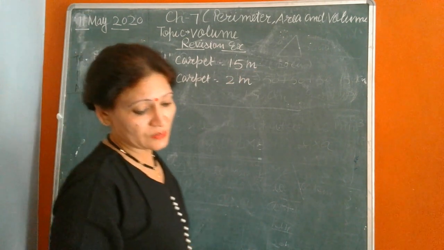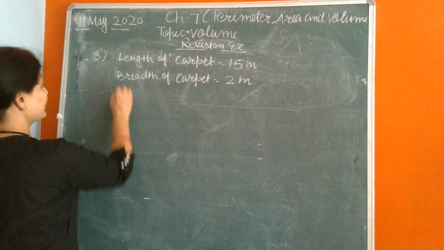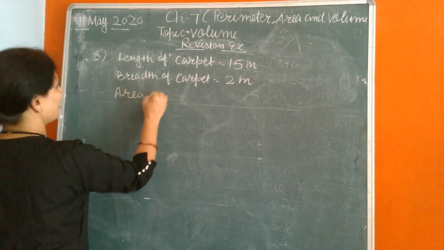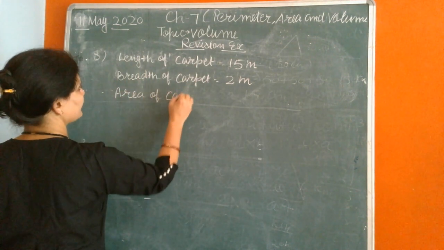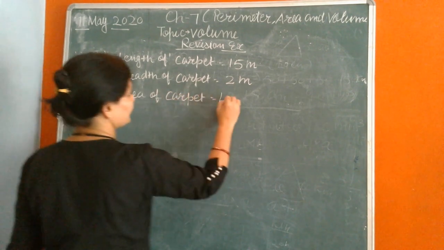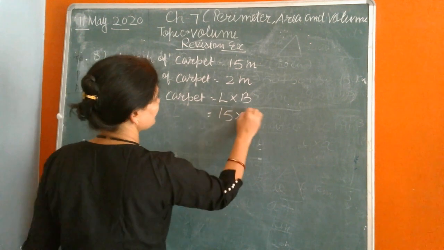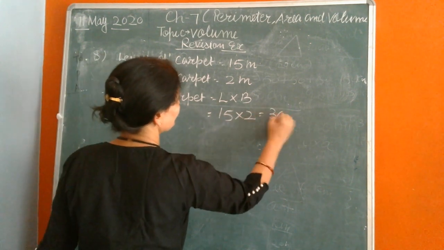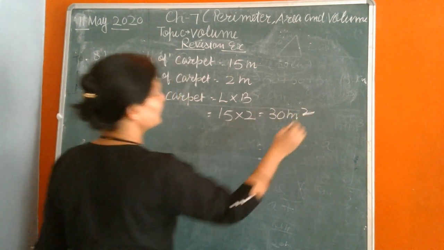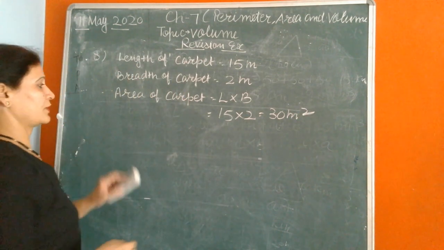Now since it asks per square meter, we will find the area of the carpet. Area of carpet is length into breadth. Length is 15, breadth is 2, so 30 square meter is the area of the carpet.